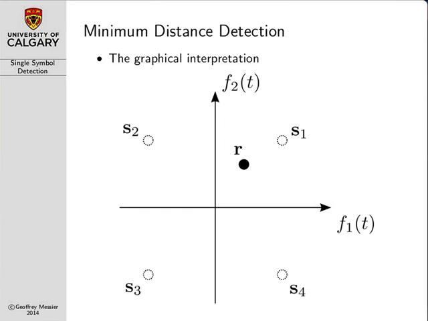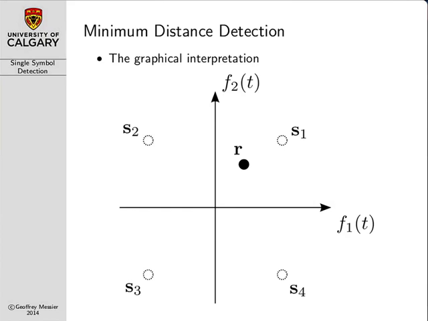On that diagram, you can put all of your possible transmitted signal vectors as well as the location of your received signal vector. On this slide, I show a QPSK example where we've got 4 possible transmitted signal vectors, and our received signal vector r, because of the additive noise that's corrupting it, doesn't exactly match any one of them.